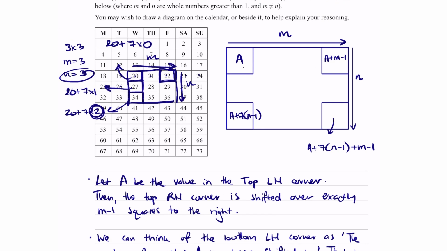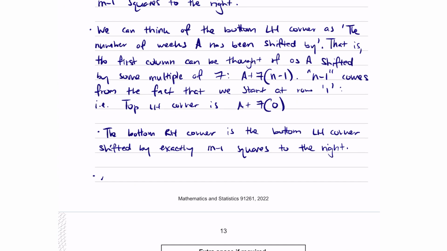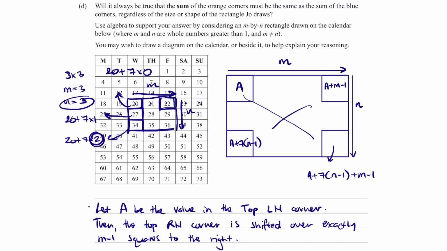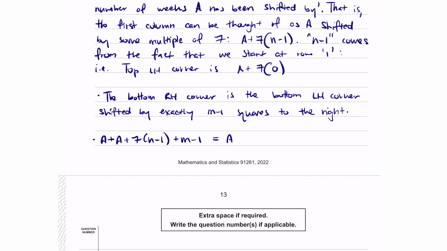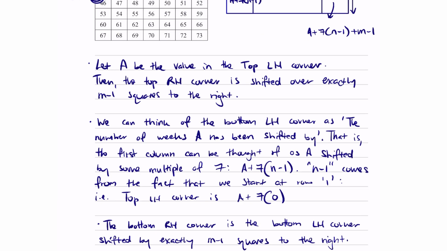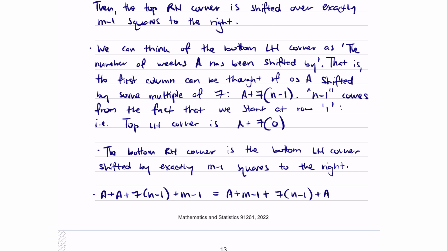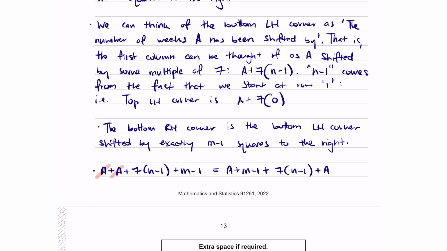So what's the opposite squares here? We're saying that A added with A plus 7 times n minus 1 added with m minus 1 is equal to the other corners, which is A plus m minus 1 added with 7 multiplied by n minus 1 plus A. If we double check this, we've got two A's, two 7 times n minus 1's, and two m minus 1's.